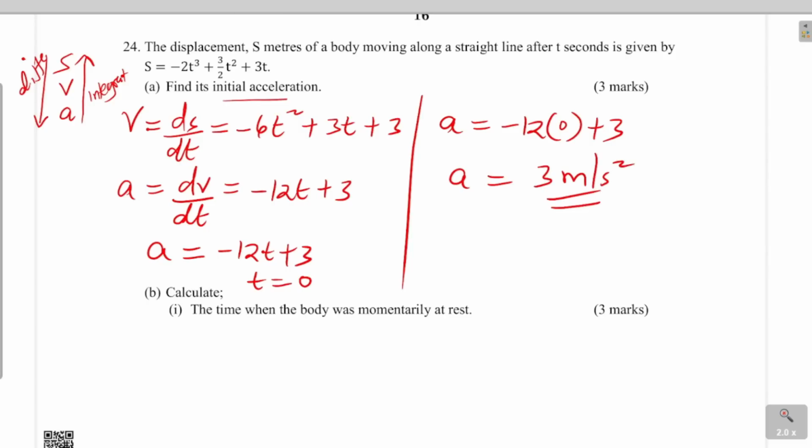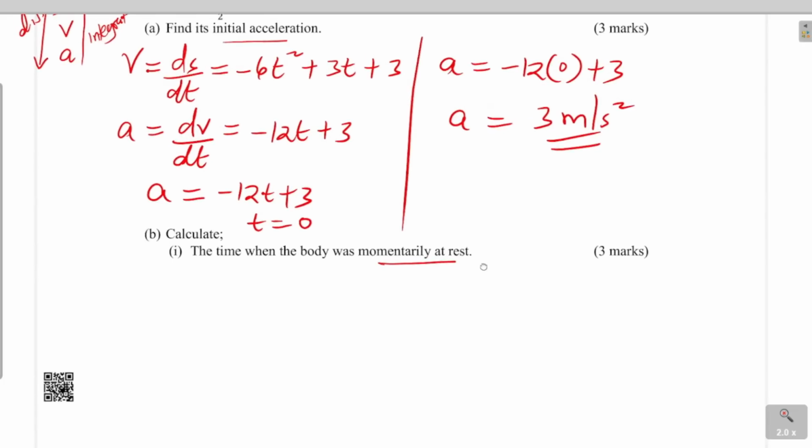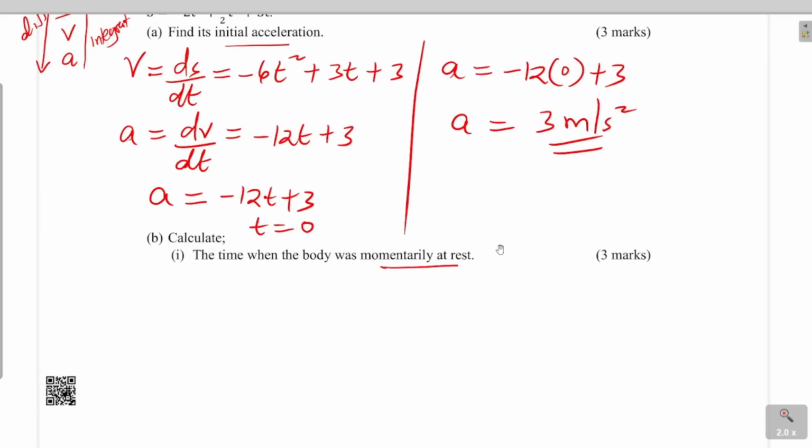Part B, calculate the time when the body was momentarily at rest. Now, one thing you're supposed to understand is that when the body is momentarily at rest, velocity is equal to 0 at that instant.